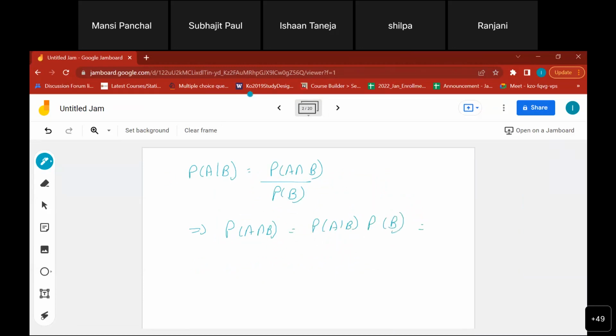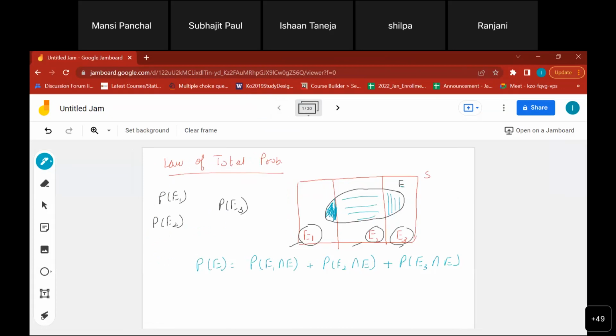Using the same formula over here, I can write it like this, because individually I have information about each of the parts, so I know these probabilities.